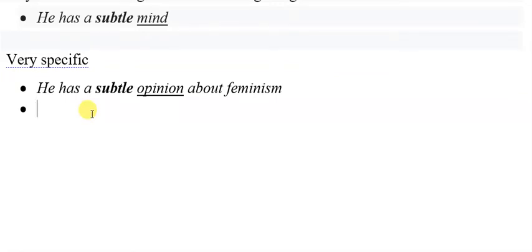So now consider some more general examples of this word. We noticed some deterioration in her speech, but it was very subtle.